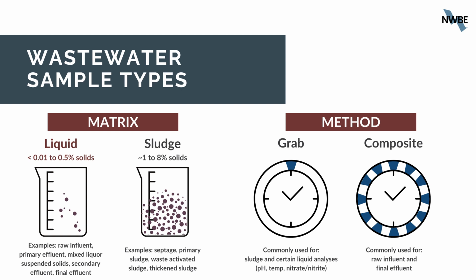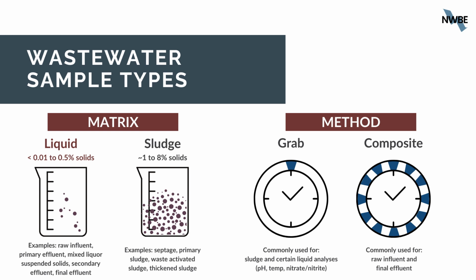And sludge or solid samples can include things like septage, primary sludge, waste activated or return activated sludge, and thickened sludge. And the solids content can vary from less than 0.01% for secondary effluent and final effluent to about 0.01 to 0.03% for raw influent and higher for MLSS.